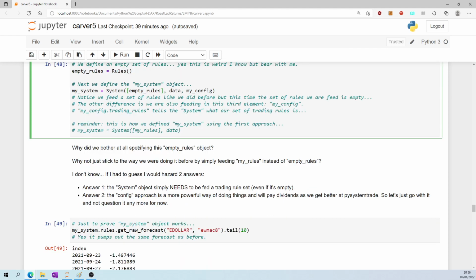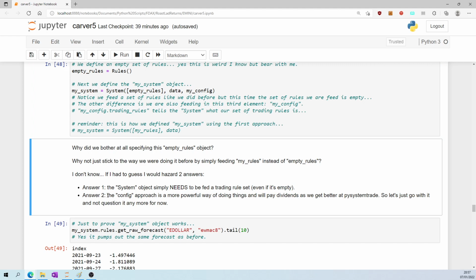Why did we bother at all specifying empty rules? Why not just stick with the way we were doing it before, which was this way? MySystem equals system, my rules, data. I don't know. If I had to guess, I would hazard two answers. Answer 1, the system object simply has to be fed a set of rules object, even if it's an empty set.